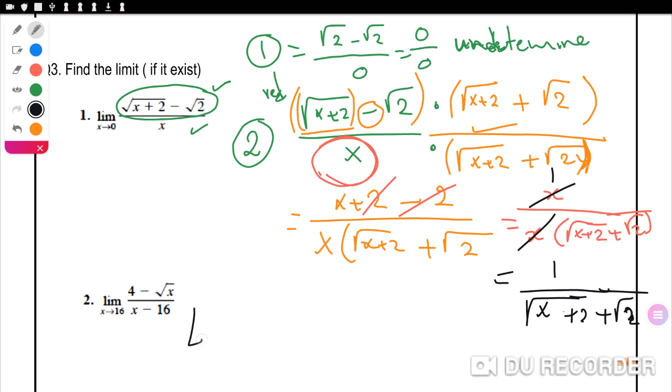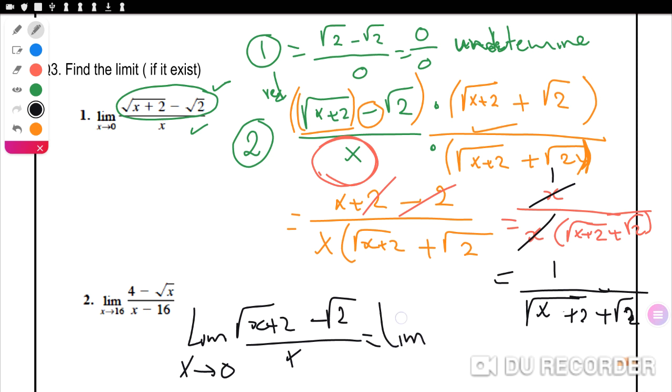So the limit of the given function, square root x plus 2 minus square root 2 over x, when x approaches 0, will be the limit of its redefining function, 1 over square root x plus 2 plus root 2, when x approaches 0.